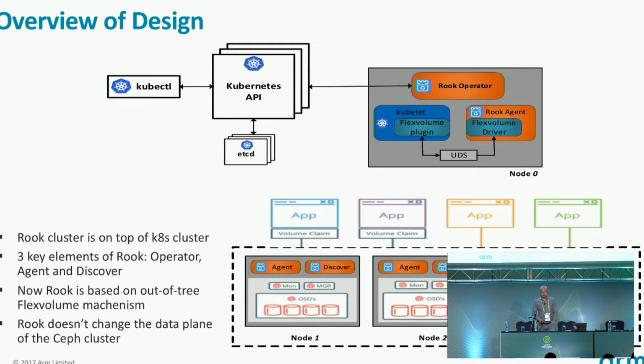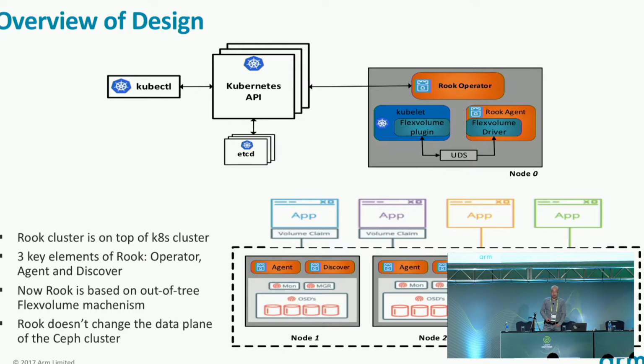If we zoom into node 0, we can see that there is a flex volume plugin in Kubernetes. Also, we have a Rook flex volume driver from Rook running in the Rook agent pods.